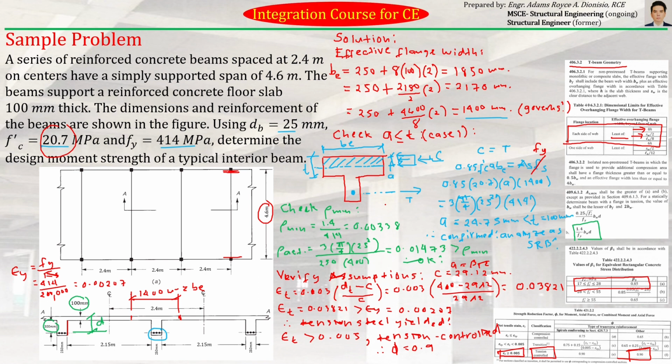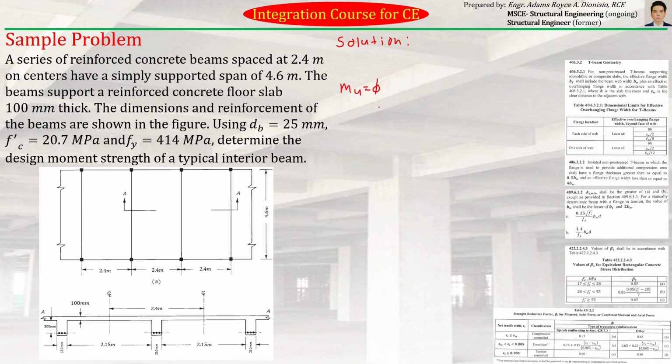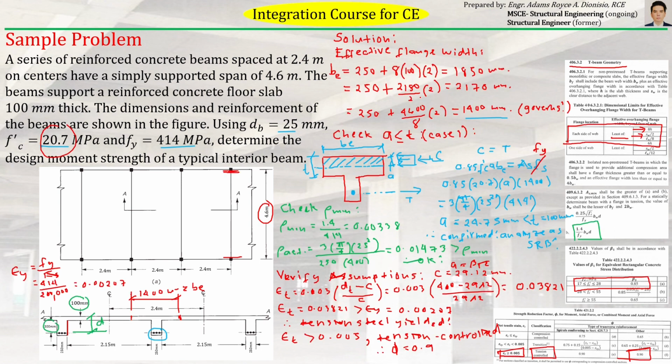So, how do we compute for the moment capacity ng singly reinforced? So, it's just equal to, yung MU natin is just equal to phi times, pwedeng yung C yung gamitin natin, times the moment arm na T minus A over 2. Okay, pwedeng compression yung gamitin natin.